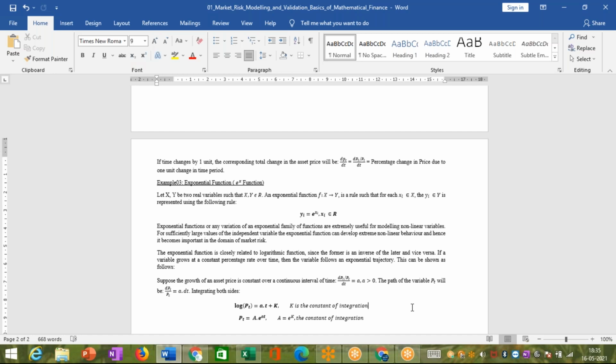So when the price of the asset grows itself over a period of time, then we often say that the asset prices are going through a bubble, or asset prices are way beyond their fundamentals, right? So therefore this exponential function again is an interesting way to model unstable or explosive asset prices, and thereby try to capture the risk.